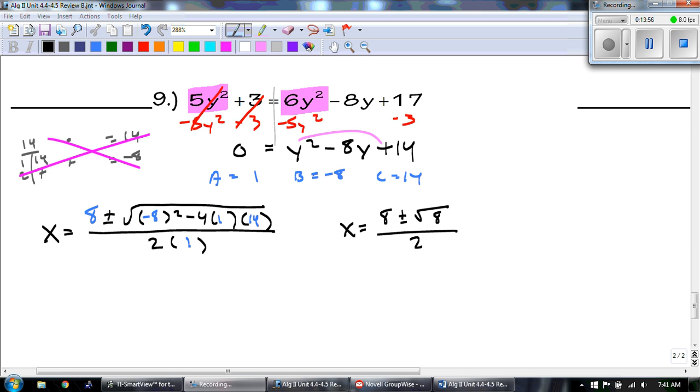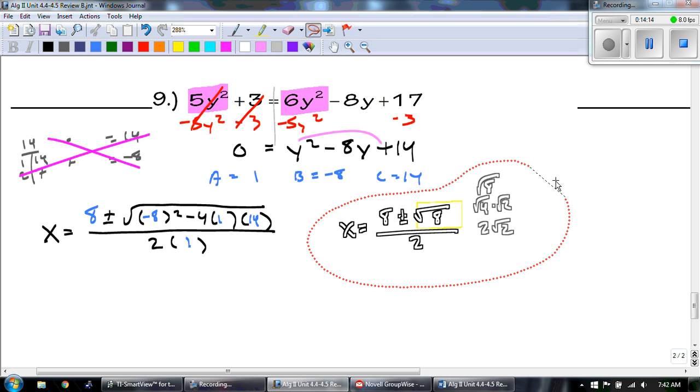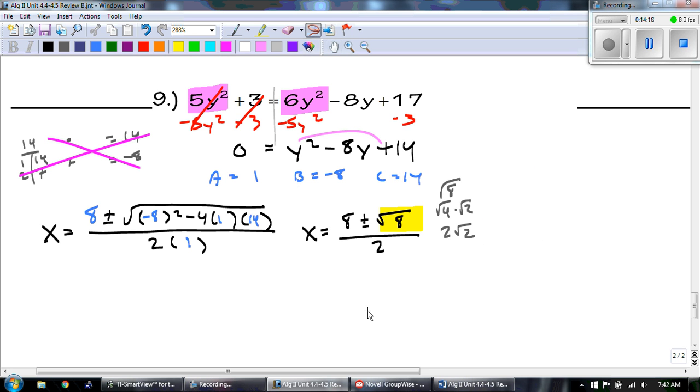Okay, so we should have gotten 8 plus or minus the square root of 8 divided by 2. Let's go ahead and break down the square root of 8. Square root of 8 equals 4 and 2, which is 2 square root 2. Okay, I'm just going to move this over a little bit. Okay, so we have x equals 8 plus or minus 2 square root 2 divided by 2.